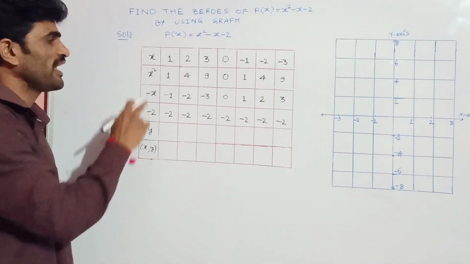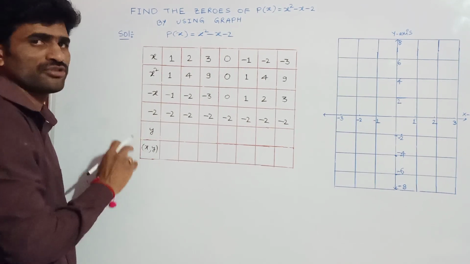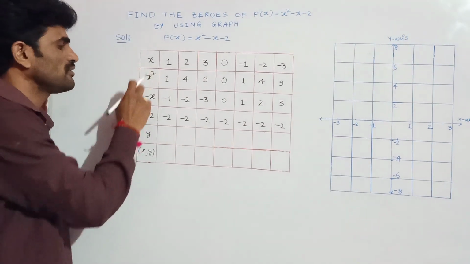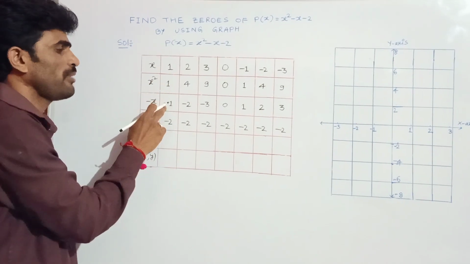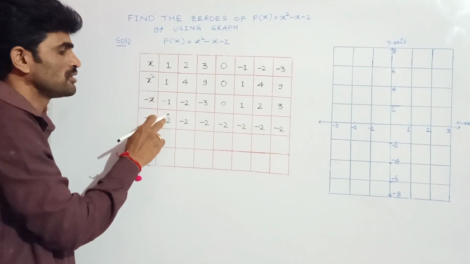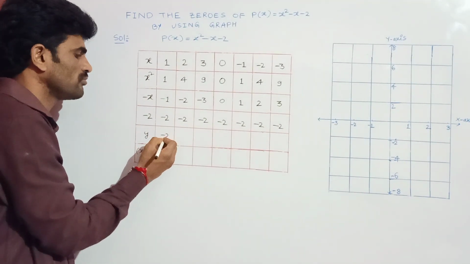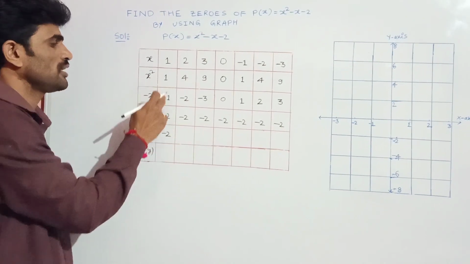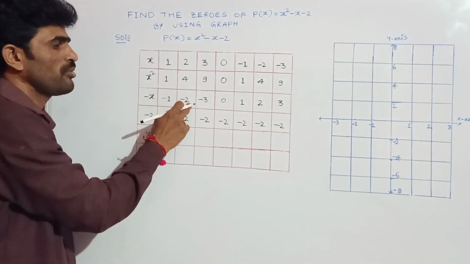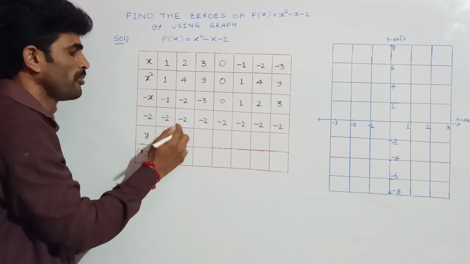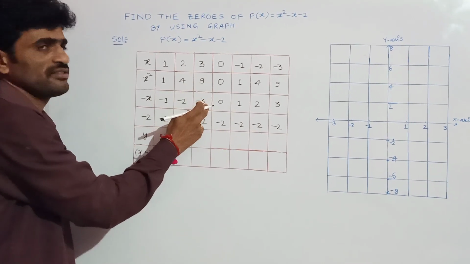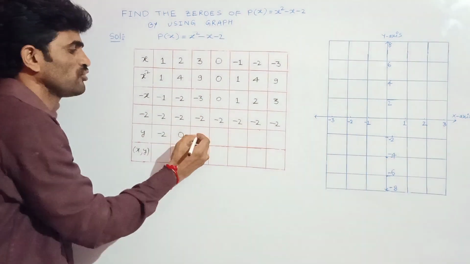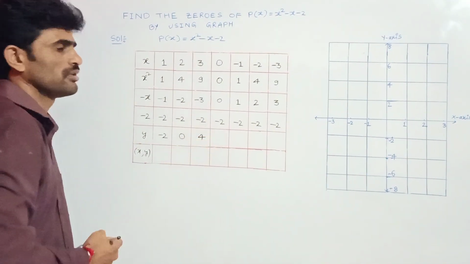Now after writing x square, minus x and minus 2, we need to simplify these three to get the value of y. That is 1 minus 1 is 0, 0 minus 2 is minus 2. Next, 4 minus 2 is 2, 2 minus 2 is 0. Next, 9 minus 3 is 6, 6 minus 2 is 4.